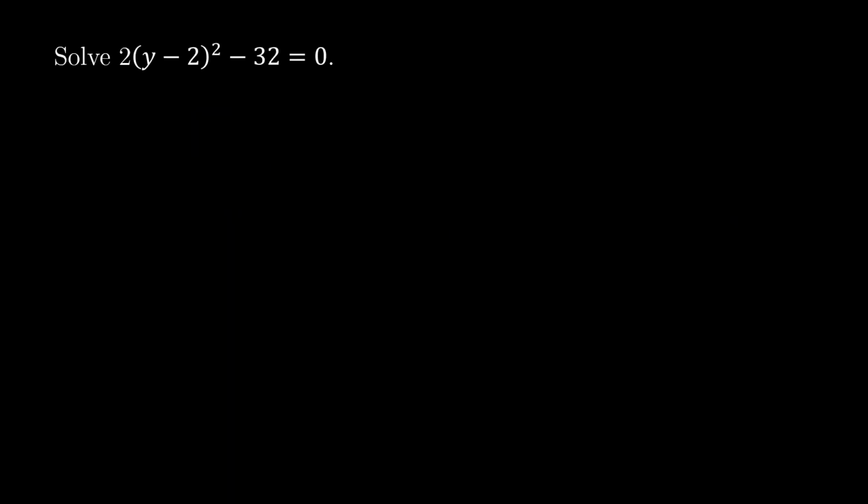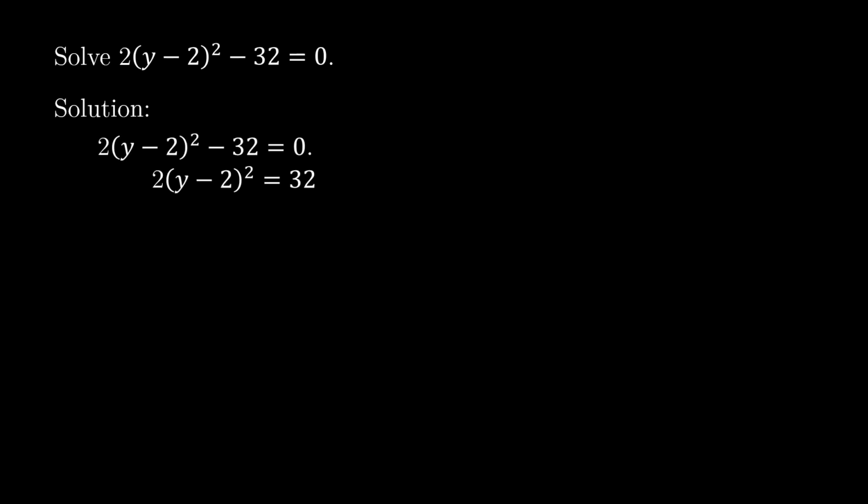Suppose we have 2 times the quantity y minus 2 squared, minus 32 equals 0. The same, isolate the negative 32 by adding 32 to both sides. Here there are 2 of y minus 2 squared, so we're not going to use the concept of dividing both sides.